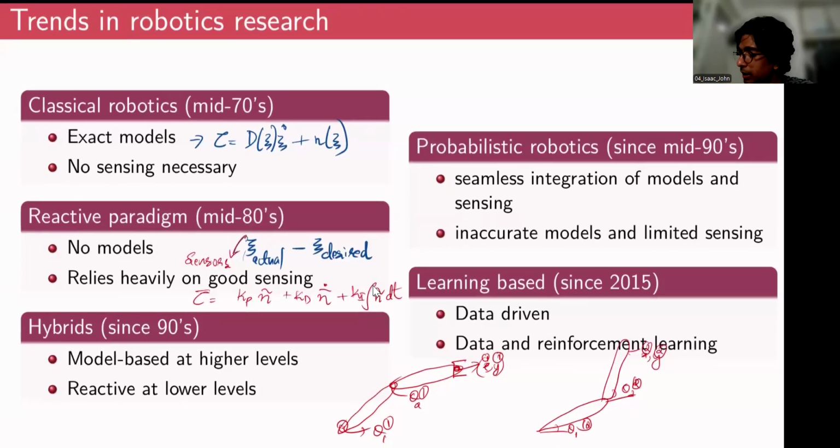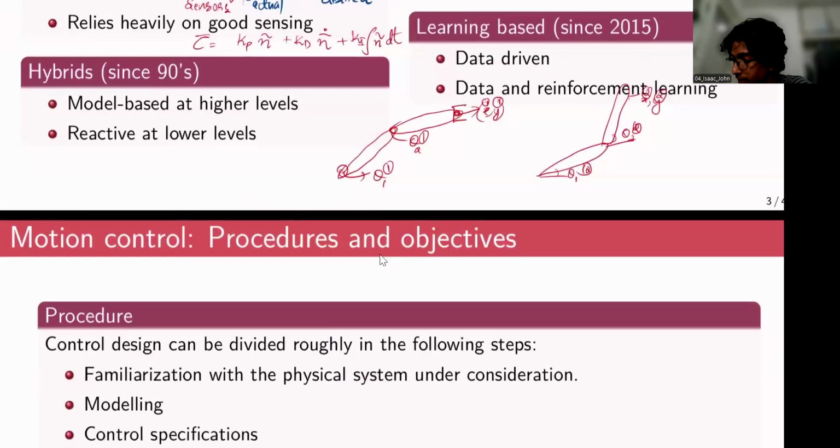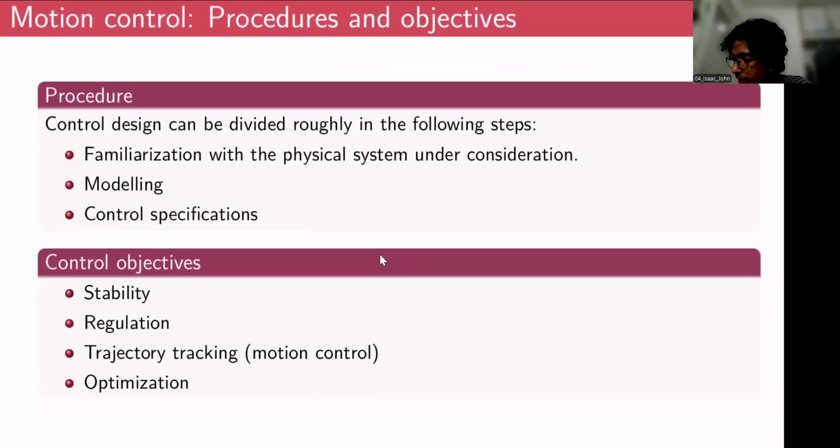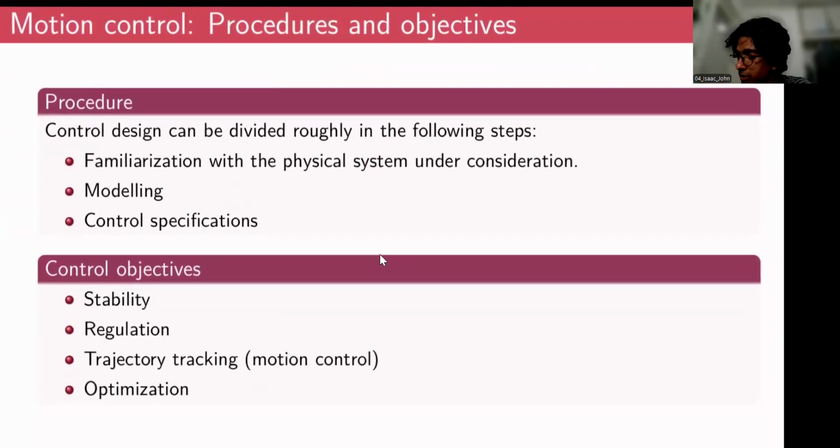So those are the main control approaches that have been put to use throughout the decades. And then let's see some procedures and objectives of motion control. Going on to procedures, the control design can be divided roughly into the following steps.